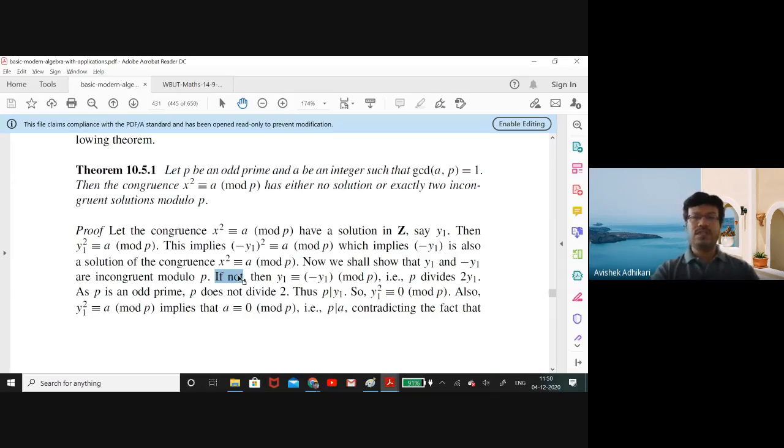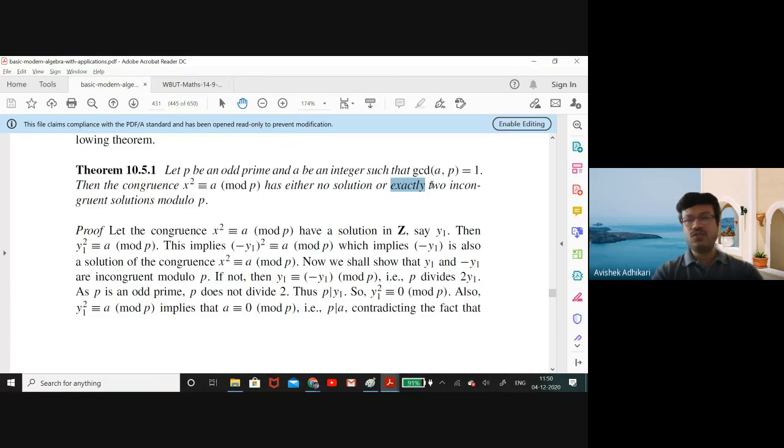So till now we have already proved that there exist two incongruent solutions, and now we have to show that there exists no other solution. Then only will we be able to prove it exactly.